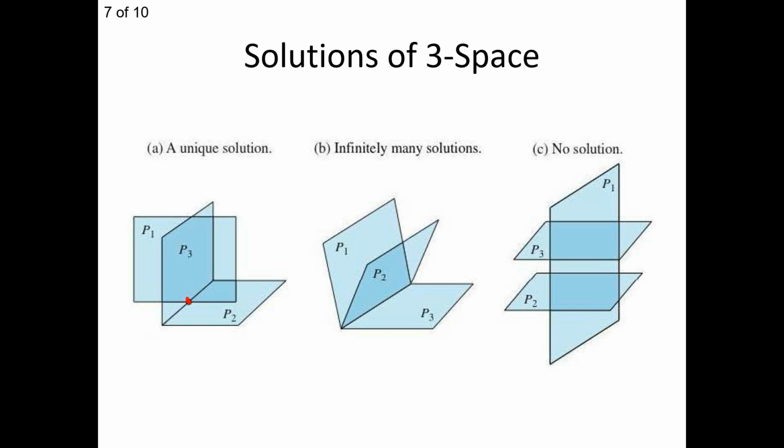We can also find infinitely many solutions, where the planes have an intersecting line. Where they intersect, a line is formed that produces infinitely many solutions. Or there are no solutions. In this example, two planes are parallel.